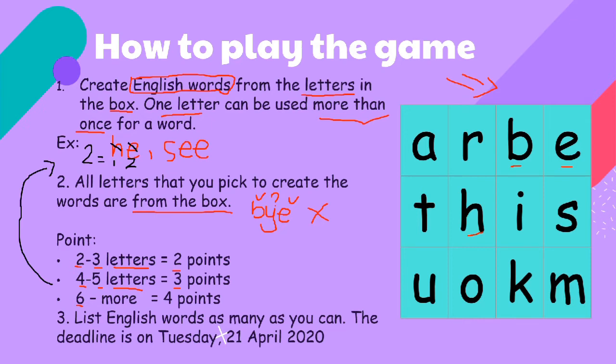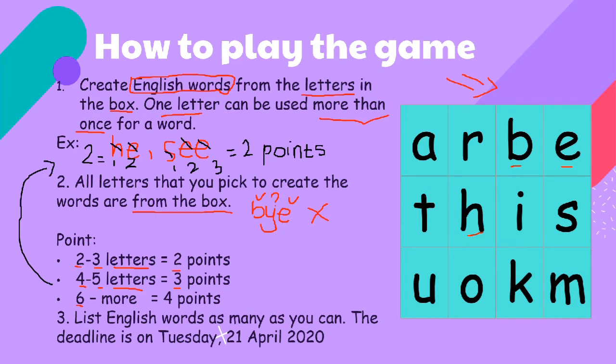How about "C"? 1, 2, 3. So how many points? Yes, still 2 points. So the longer the words that you can make, the higher the points you can get.